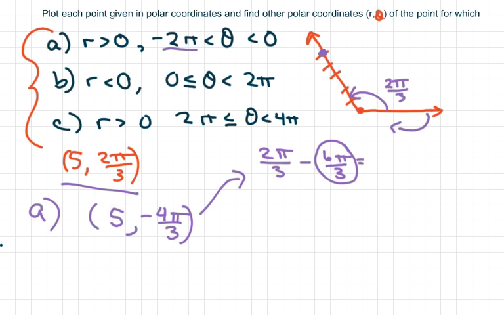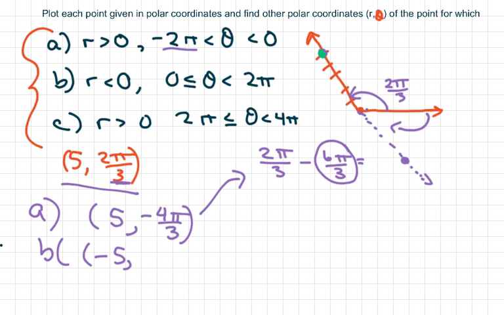Now for this one, we want our r to be negative. So we want negative 5. And we're already at 2π over 3. We want the angle to be down here, the ray to be here. And negative 5 would mean, if this was 5, negative 5 would be right here.